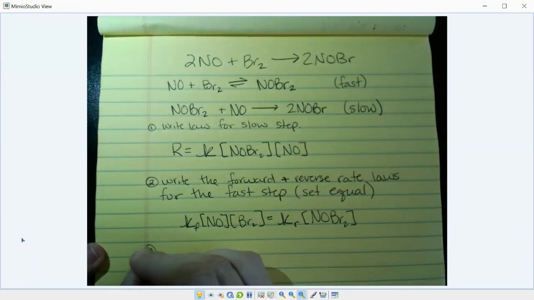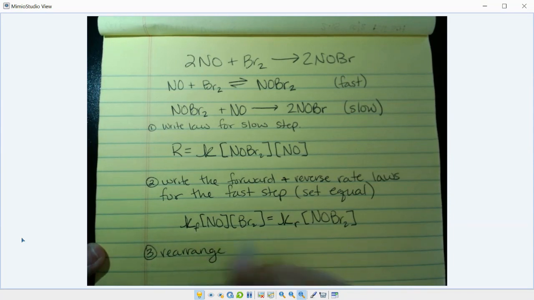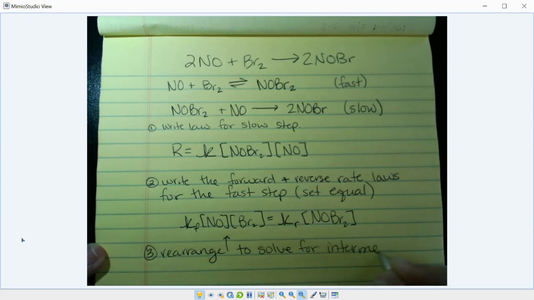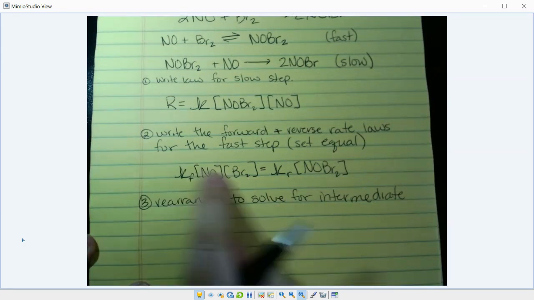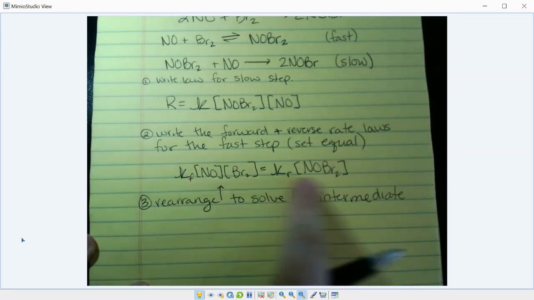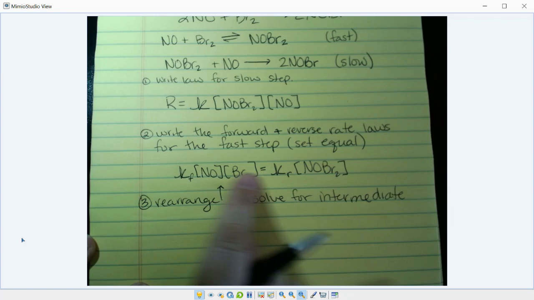Next thing I'm going to do is rearrange this thing to solve for the intermediate, whatever it is that I can't have in my overall rate law. So I'm going to rewrite this equivalence that I just made, this rate equivalence, and I'm going to rewrite it so that it just says NOBr2 equals everything else.